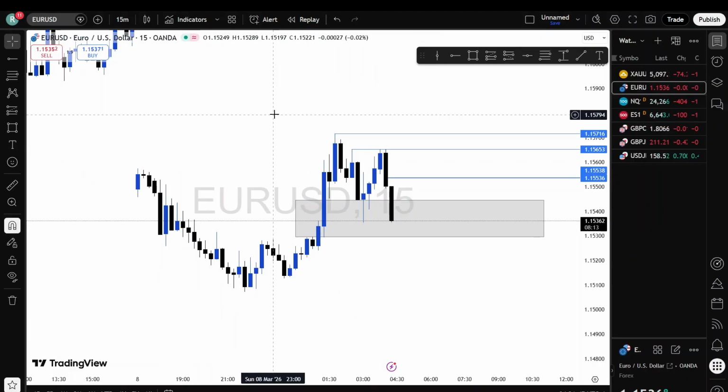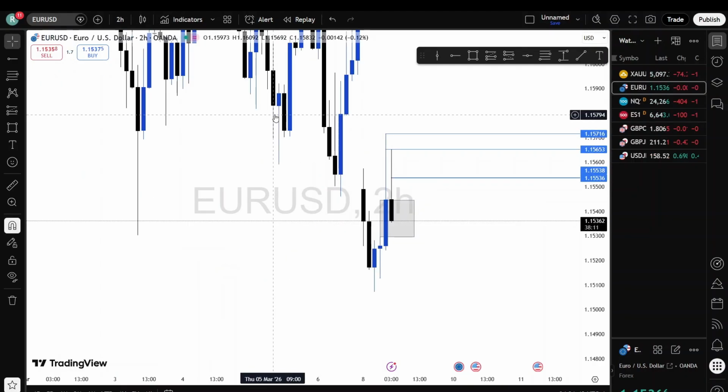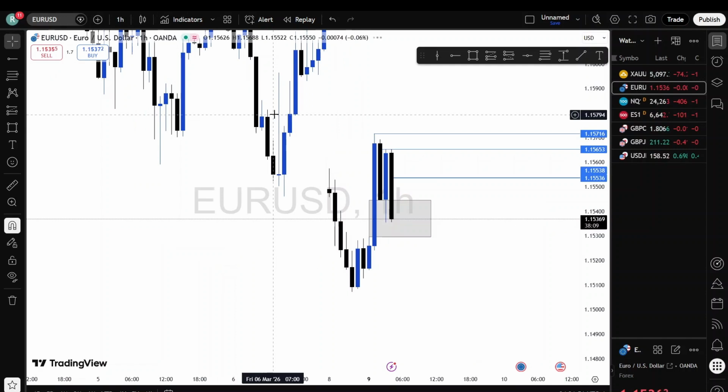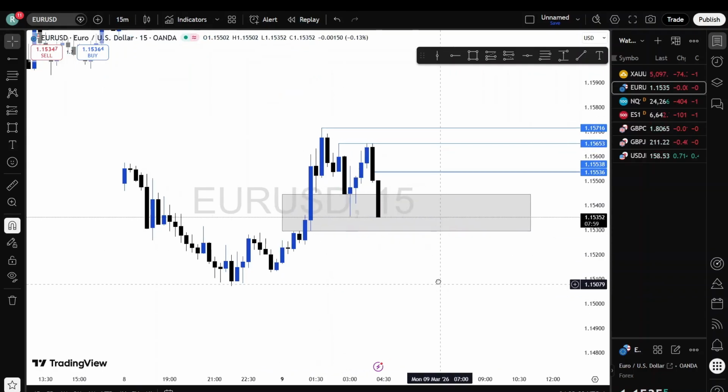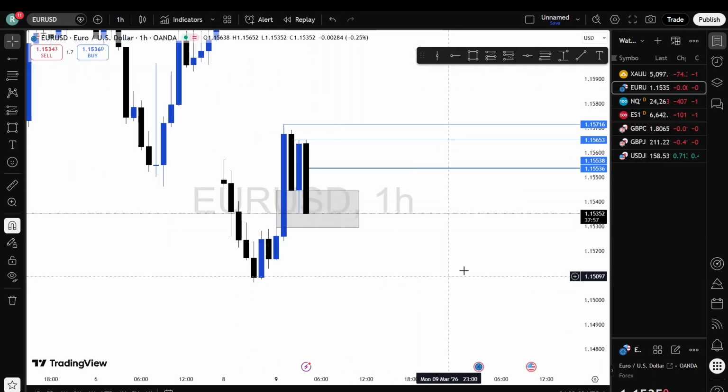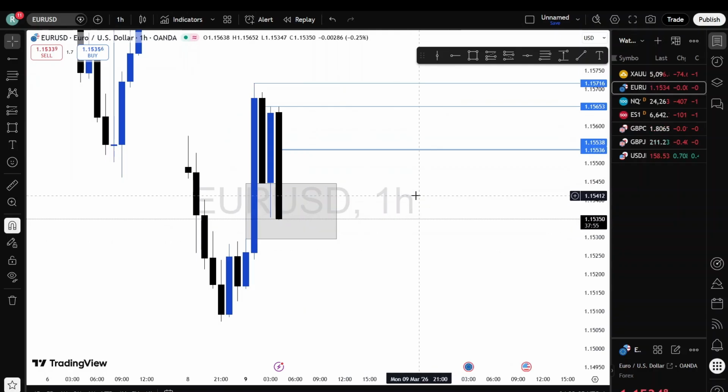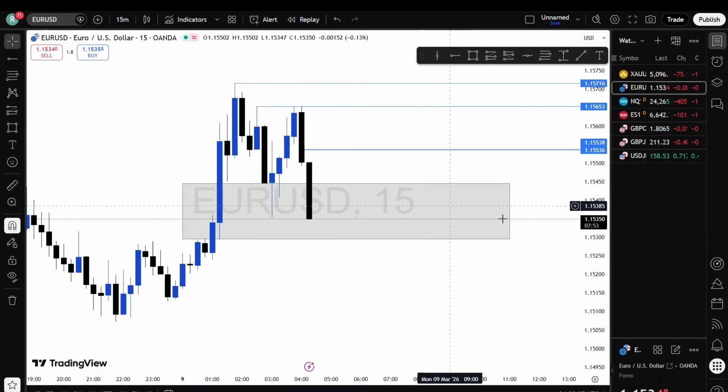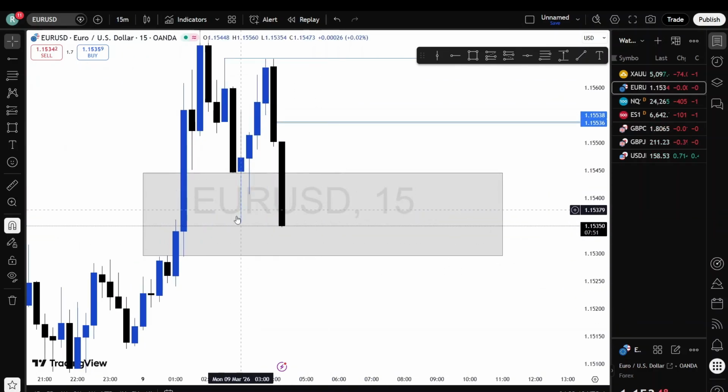Now the price is going down. Okay. If you see, the 1 hour candle low has been swept, and the same thing, the 15 minutes FVG low, this whole leg is swept, so the buyers have been taken out.